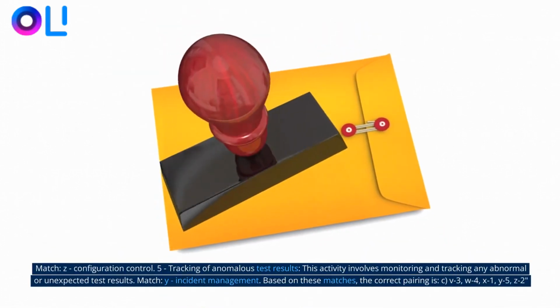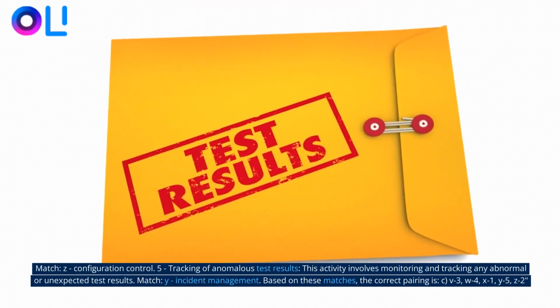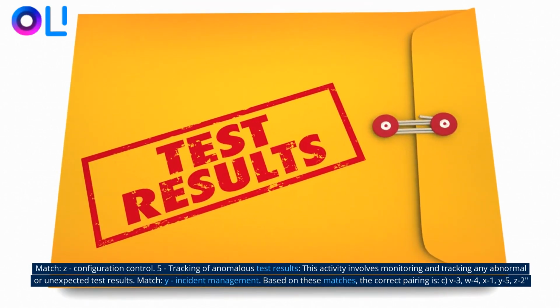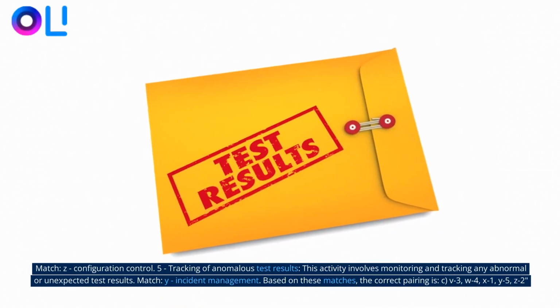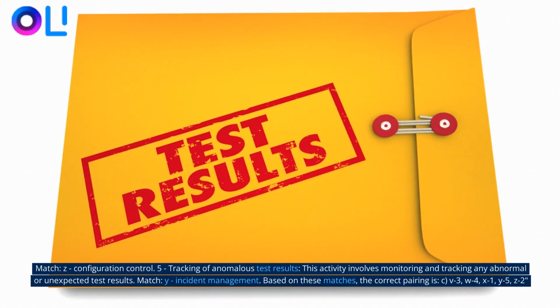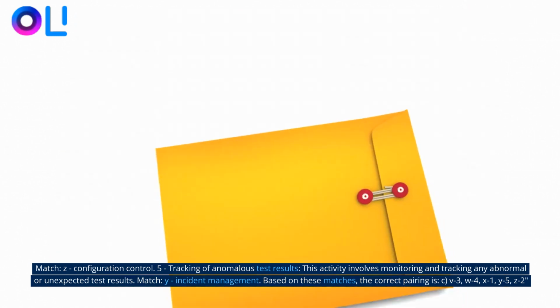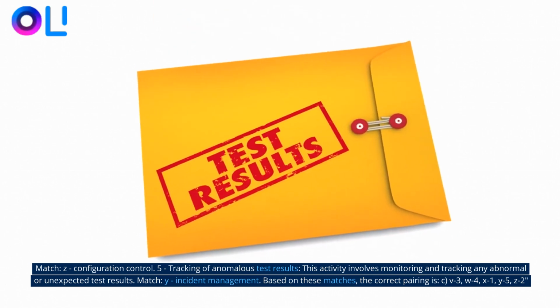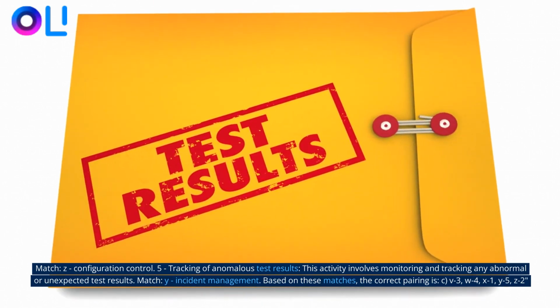Match: Z, configuration control. 5. Tracking of anomalous test results. This activity involves monitoring and tracking any abnormal or unexpected test results. Match: Y, incident management. Based on these matches, the correct pairing is C: V3, W4, X1, Y5, Z2.